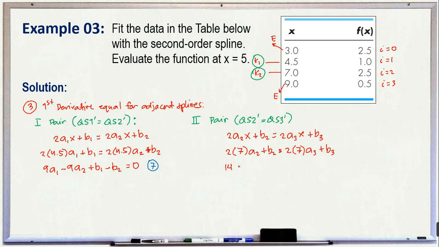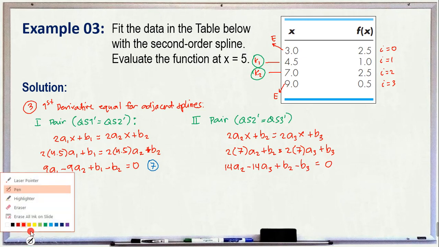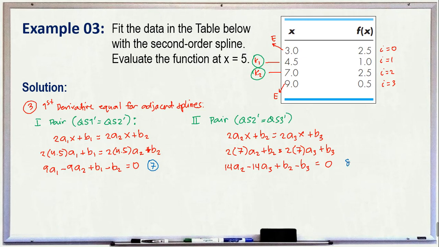So 14 a sub 2 minus 14 a sub 3 plus b sub 2 minus b sub 3 equals 0. So this is our eighth equation.